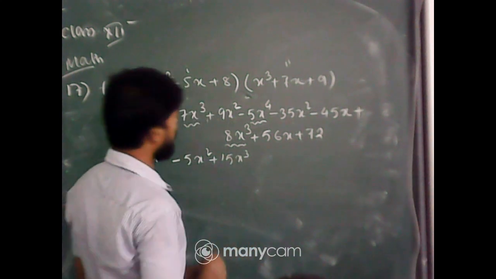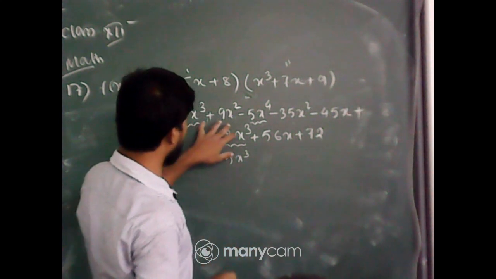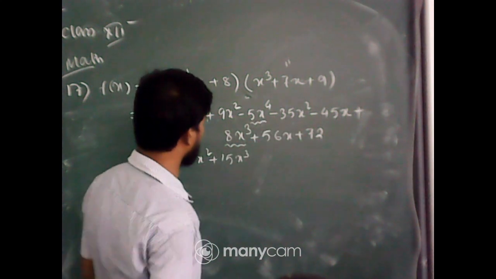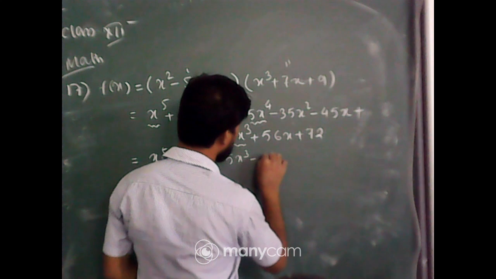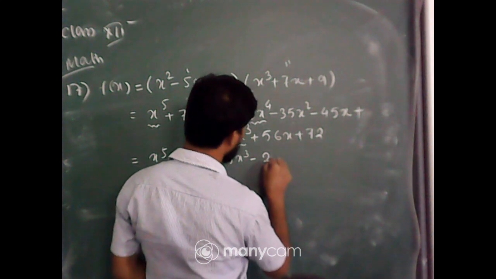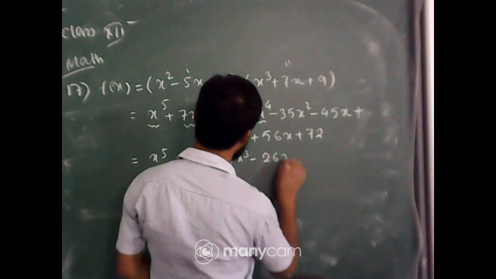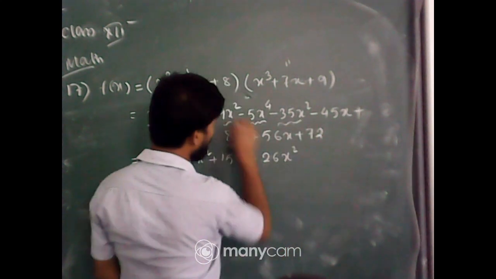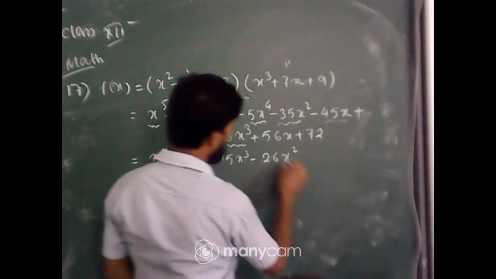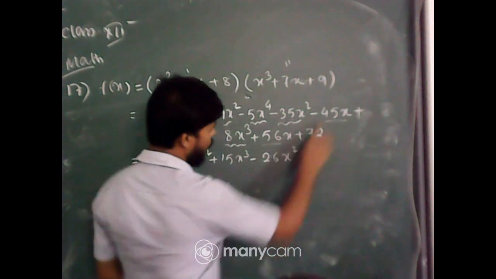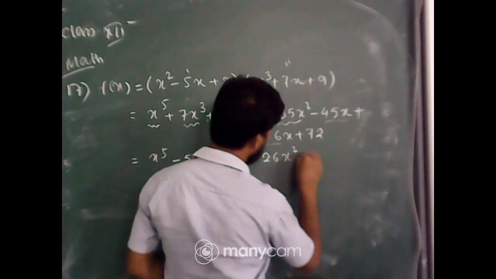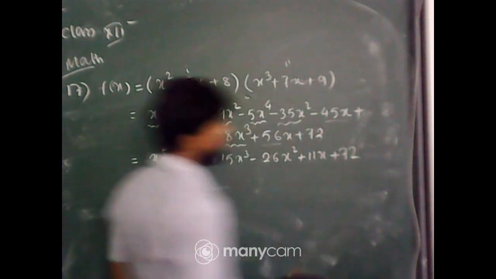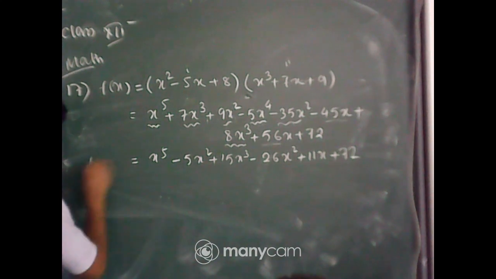Now the x square terms: 9x square and minus 35x square, so that will be minus 26x square. And now minus 45x and 56x, so that is equal to 11x plus 72. Now differentiate it. So this is f dash x.